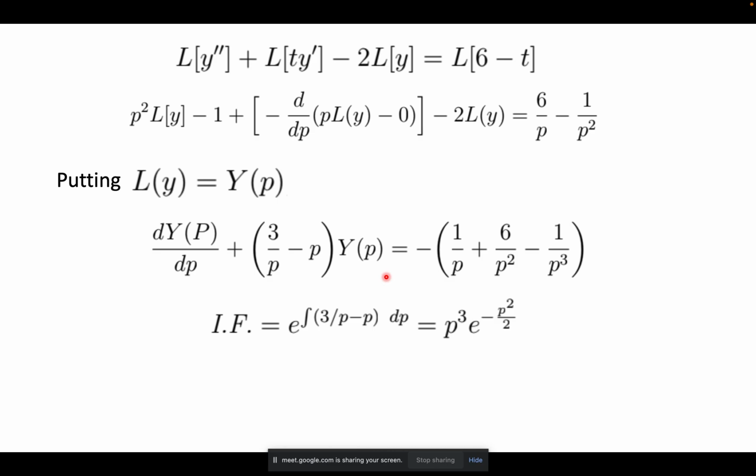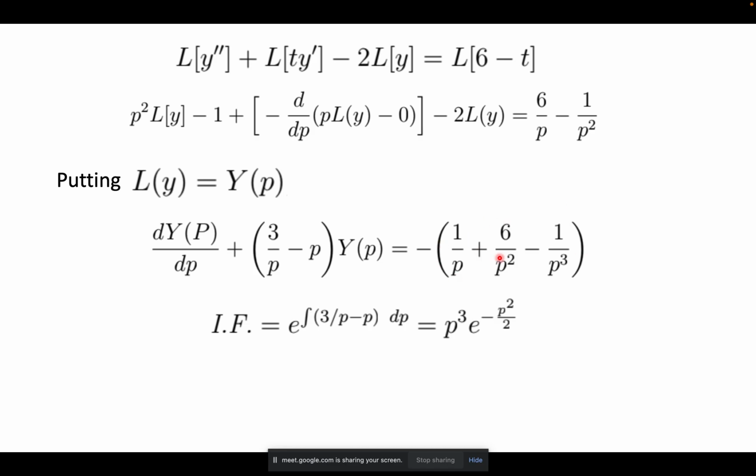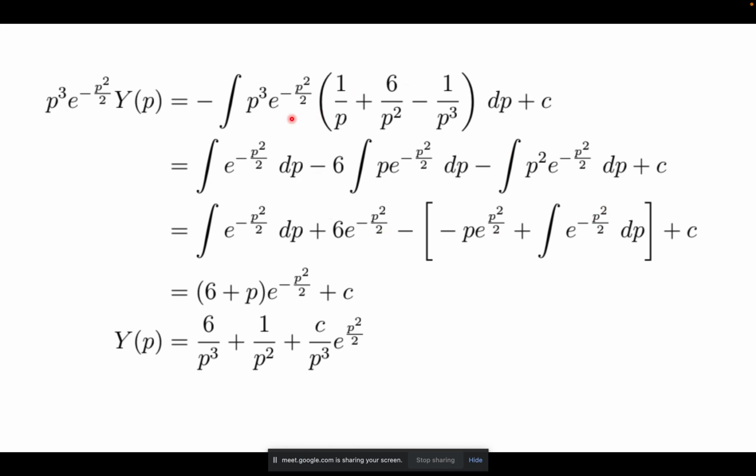After calculating the integrating factor, using the properties you have learned in linear differential equations, you take the integrating factor times the solution you need to find, and this is equal to the integrating factor times the right hand side, which is 1 upon p, 6 upon p square, minus 1 by p cube, and you will get this type of equation here.